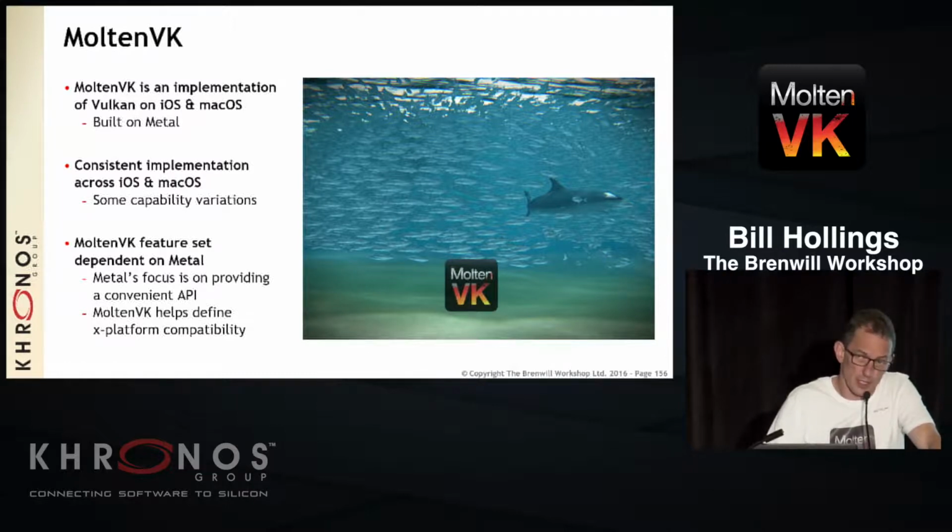As a result, there's very little friction between the two APIs in terms of flow and performance. And so MoltenVK actually ends up adding very little overhead into the mix in terms of performance. So you really get some solid throughput and performance out of a system structured along these lines.